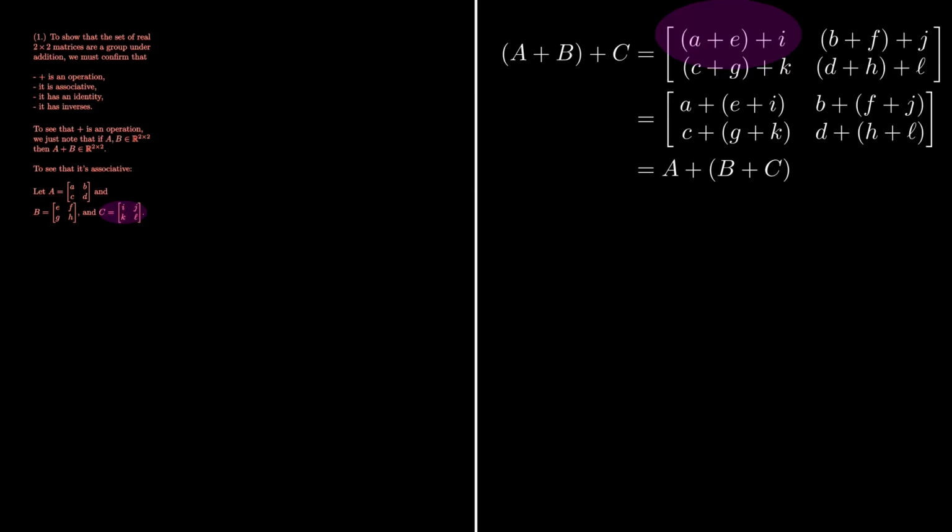All of that makes up the upper left coordinate of the result. You can see that if you check back with the names of the coordinates of A, B, and C, and you go through all four coordinates, what I have displayed in the upper right-hand corner is the result.